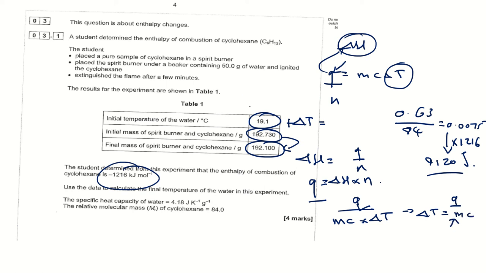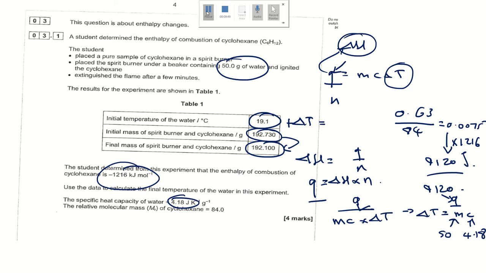M is the mass of water that's absorbing the heat, so M is 50. C is down here, it's given to me at 4.18, and I know my Q value up here is 9120. All I've really got to do now is plug those values in, and that gives me the delta T, which works out at 43.6.